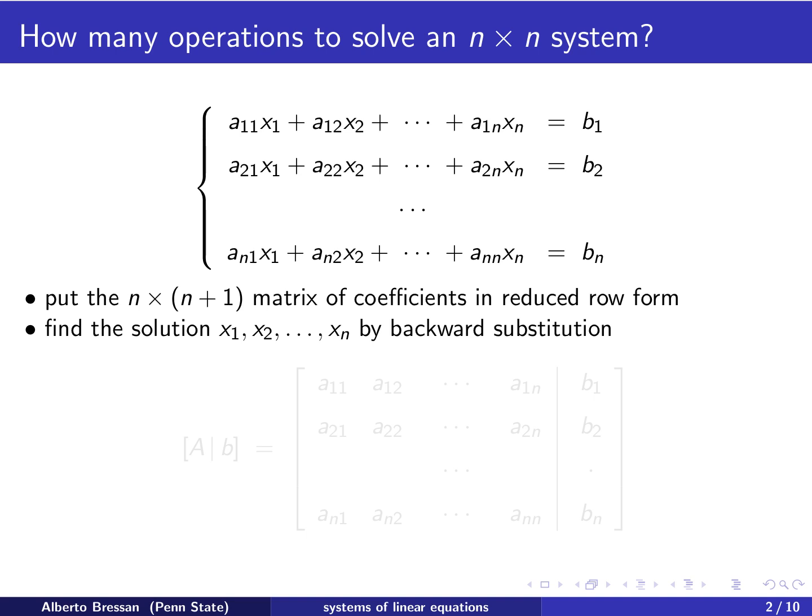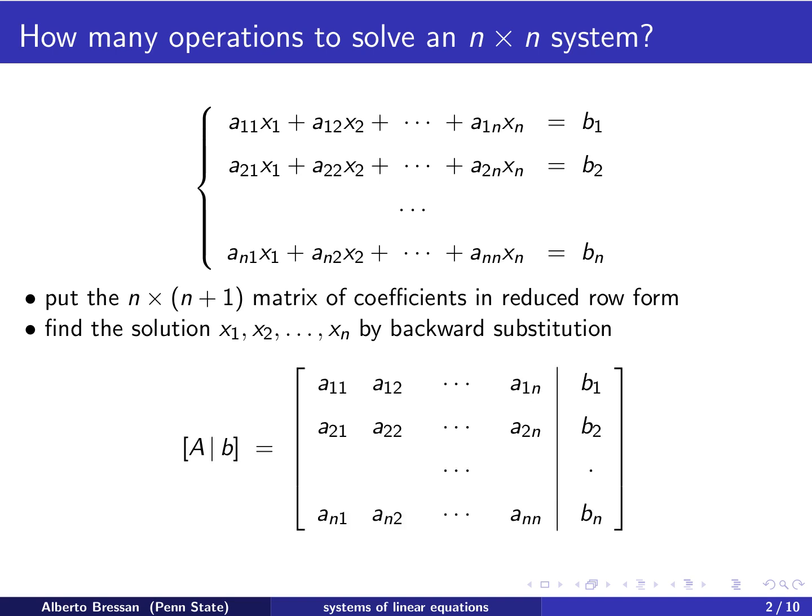Once that is accomplished, we will find the solutions by a backward substitution algorithm. Okay, so let's now write out the matrix of coefficients. Here it is n by n plus 1, so there are n rows and n plus 1 columns in this matrix.